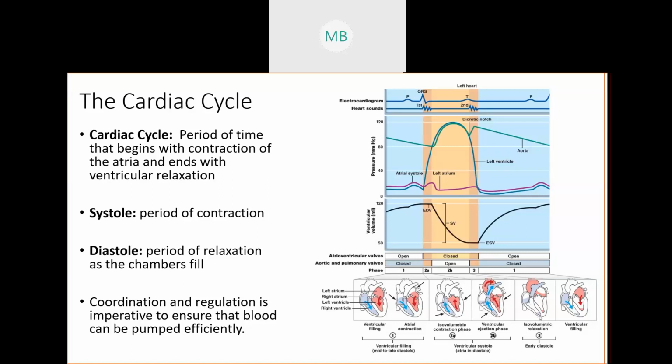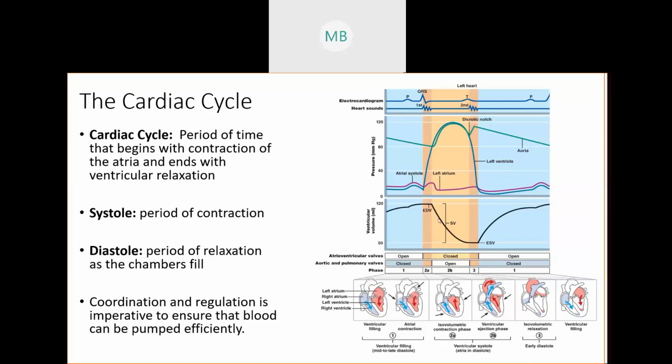Then you have your isovolumetric relaxation phase, your moment of relaxation in early diastole, where blood is starting to refill but all of the valves are still closed. Then during ventricular filling, the AV valves open again, and we cycle back to the beginning.